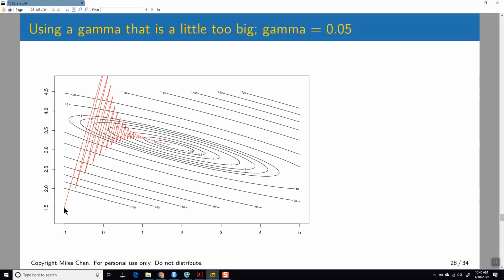And so what happens here is that I take a step that's perpendicular to the current contour line, but I take a step that's too big, all right? And I end up out here, okay?